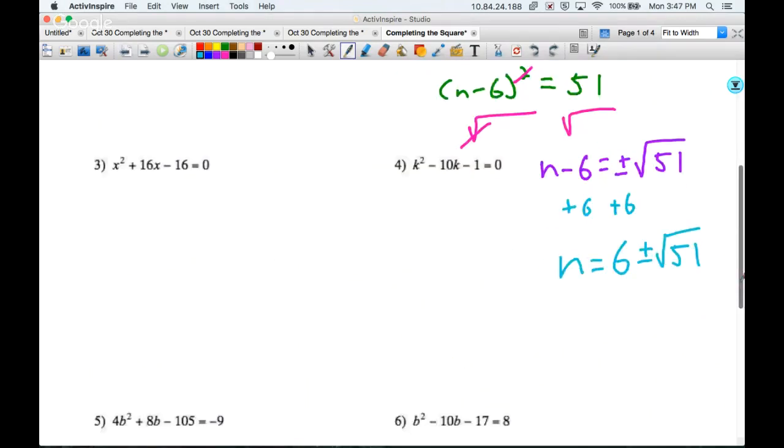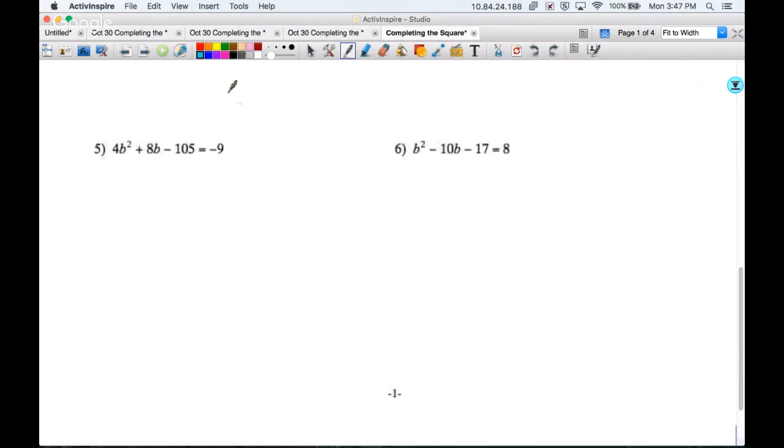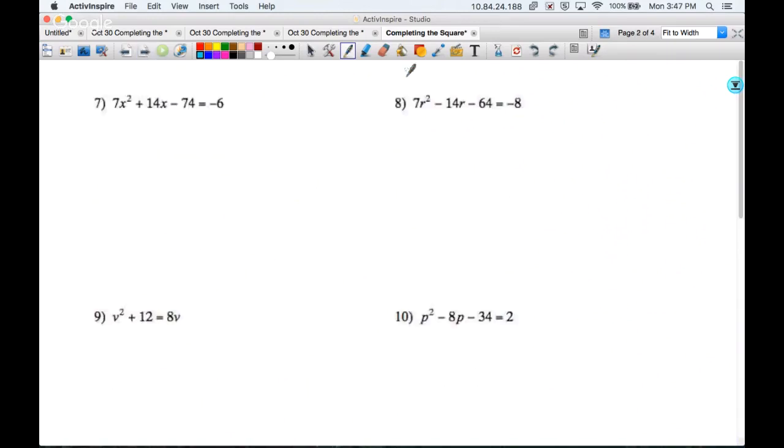All right, let's see. Let's do an example of a problem that has an a value. I think, yeah, number 7 is a good one because we end up with some decimals. I'll show you how to deal with those. Let's start by adding 6 to both sides.